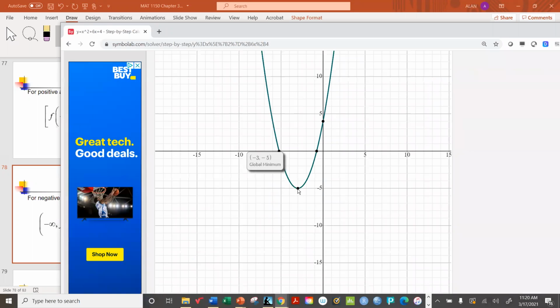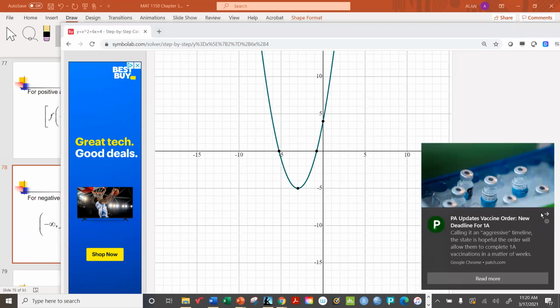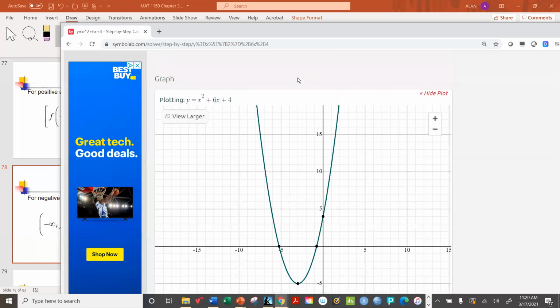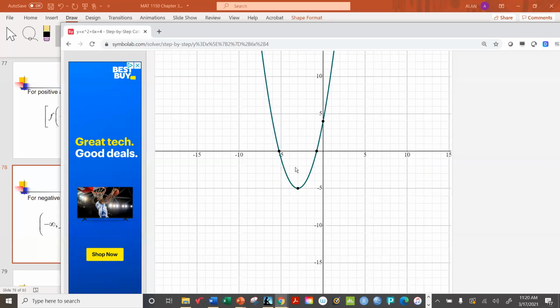So in other words, there's no y value below this that the function can assume. The range, therefore, starts at -5 and works its way up to positive infinity.